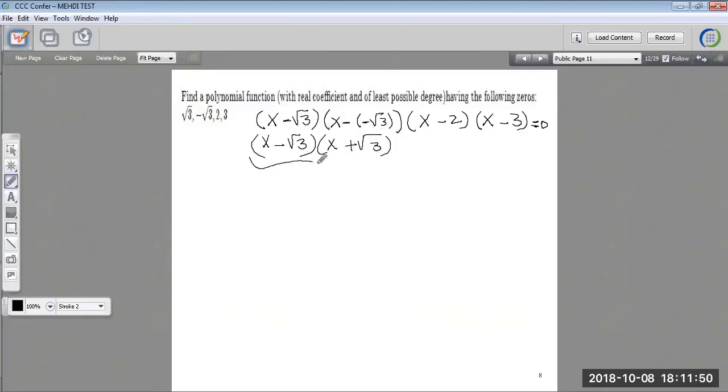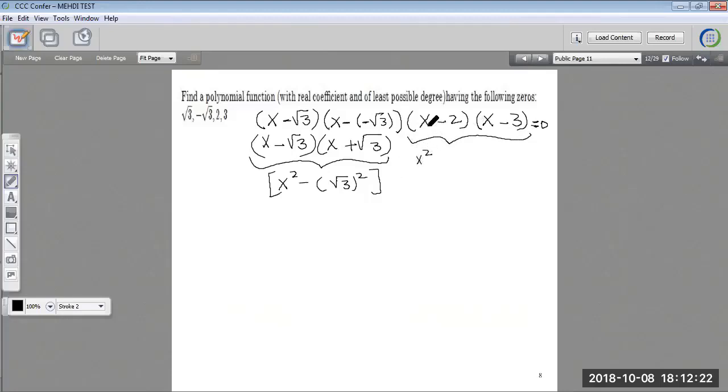So I don't have to multiply term by term. This would be the first term squared minus the second term squared, radical 3 squared, which is just 3. Okay, so this would be the result of the product of the first two parentheses. The next two here, I can multiply term by term and combine like terms. x times x would be x squared.